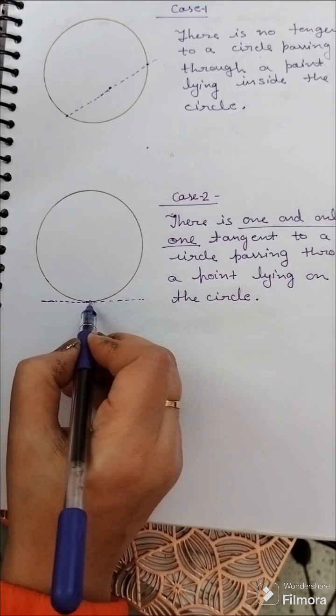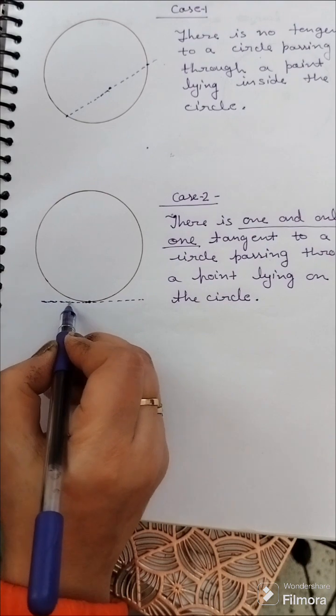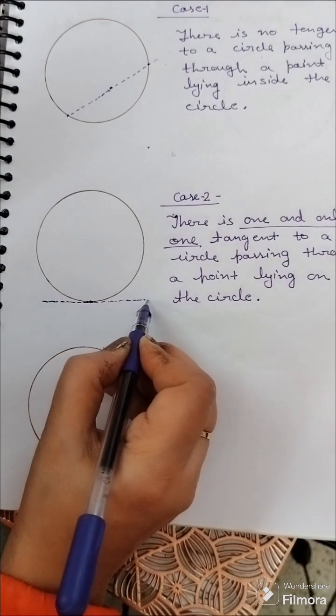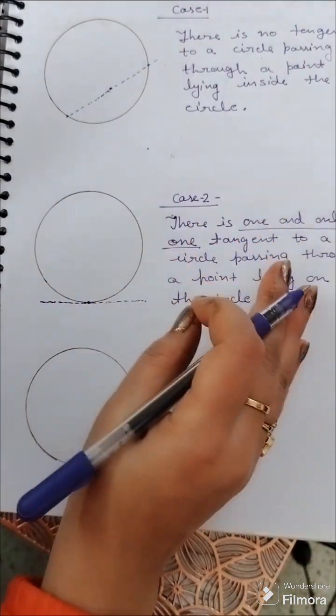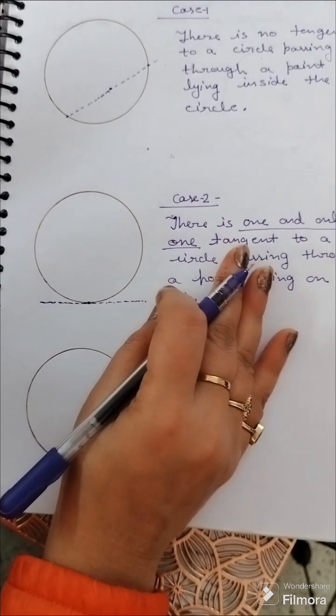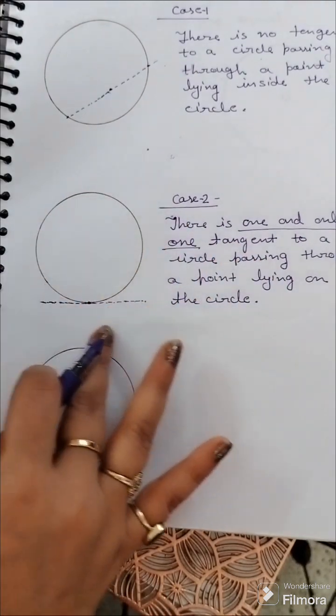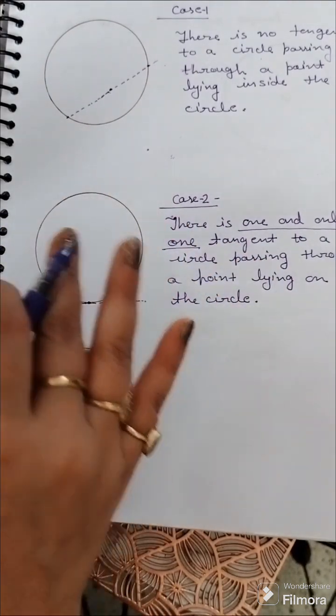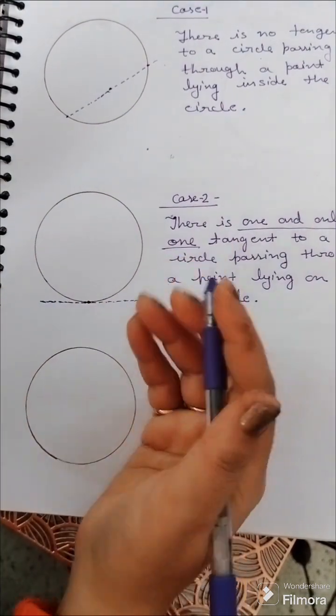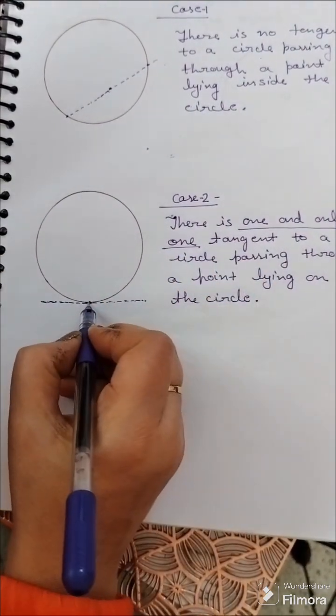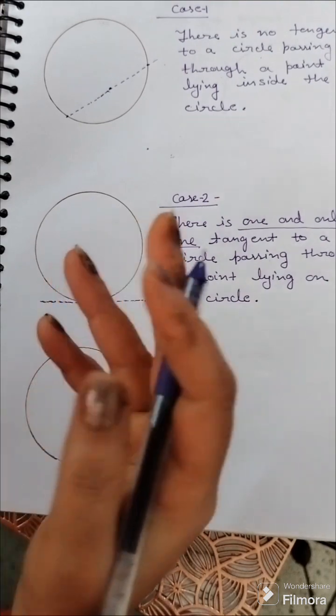If I want to draw another line, it will overlap this line only, right? And please do not get confused, they are not saying that there is only one tangent for the entire circle. There can be many tangents, but what they are saying is that for a particular point there is only one tangent.